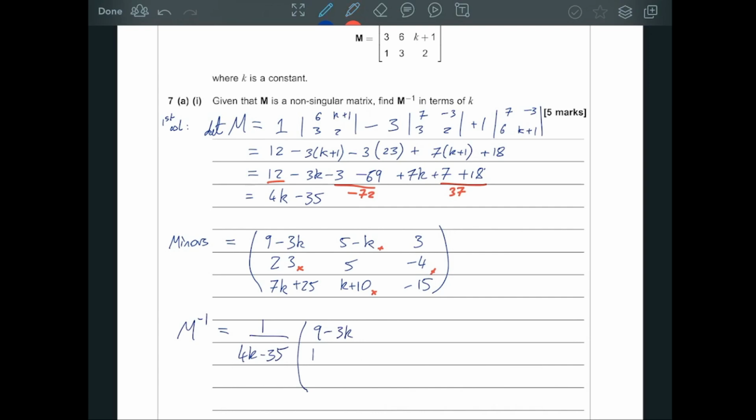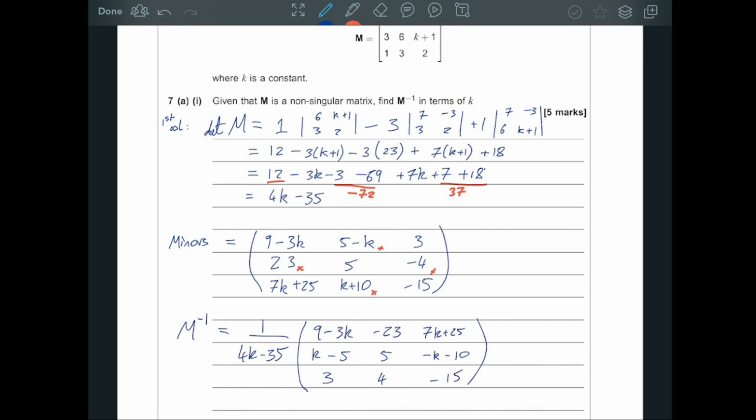So going along the top row, writing down the first column, I swap the sign of the 5 minus k. The middle row becomes the middle column, and the final row becomes the final column.